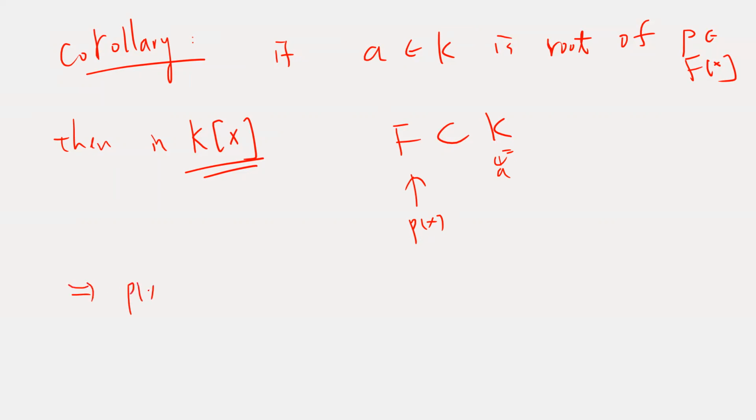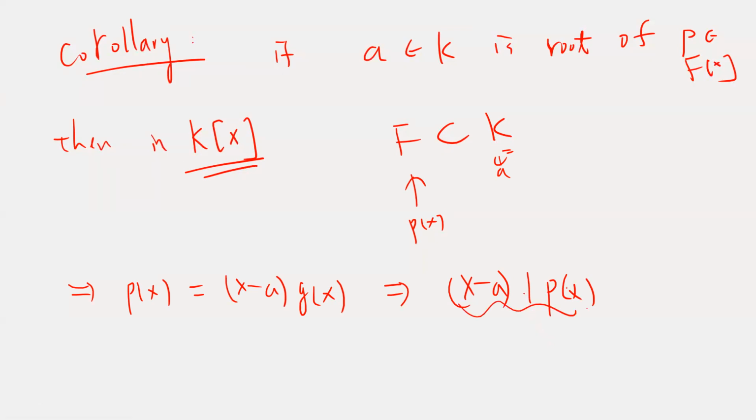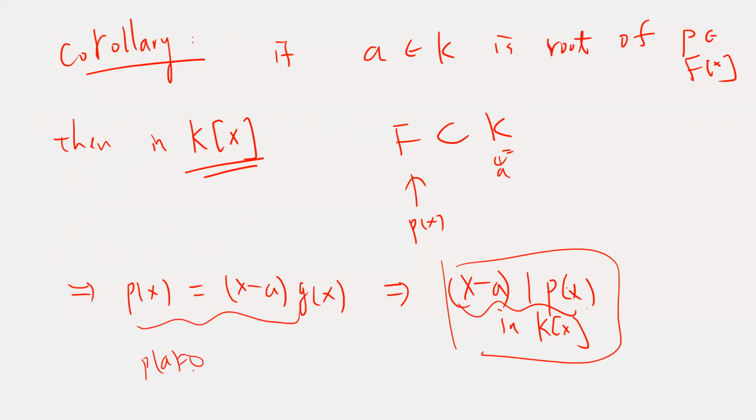You can write p of x as x minus a times some q of x. So basically, in the extension field there is a factorization. This is also simple, because you know p of a is 0, so by the remainder theorem you get this.